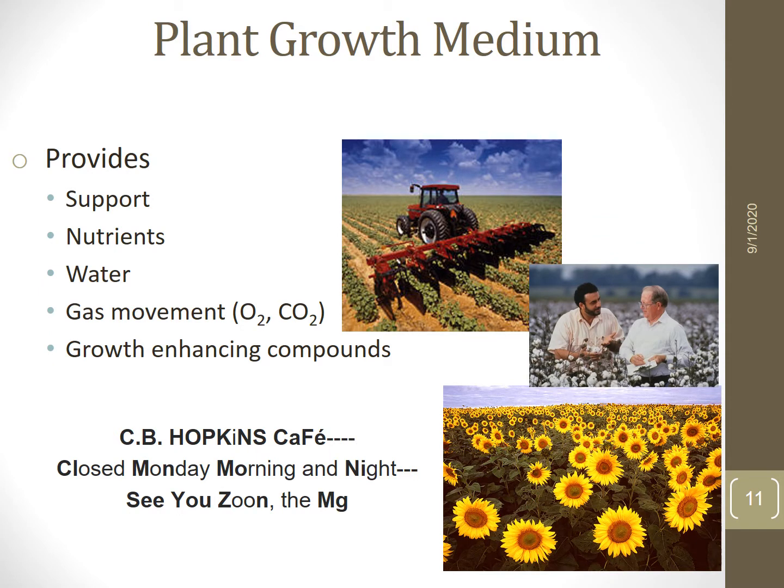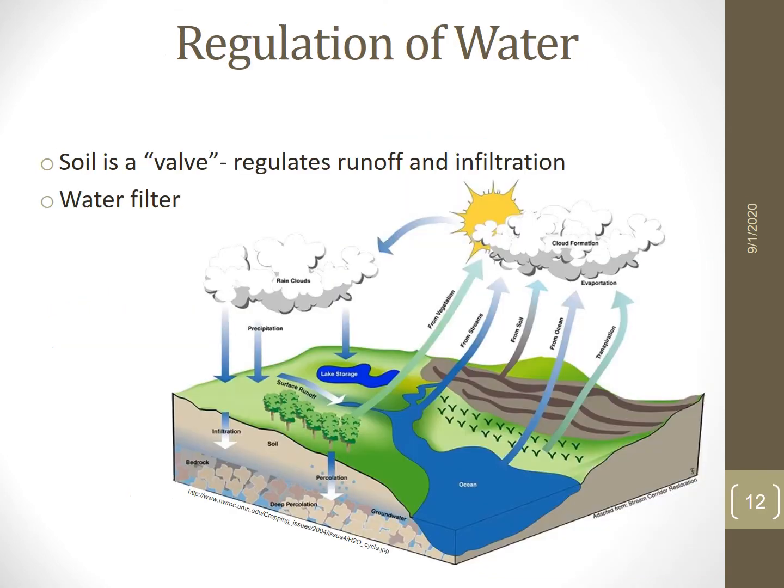As a plant growth medium, soil provides support, nutrients, water, gas movement, and growth-enhancing compounds. There are quite a number of required nutrients for things to grow healthy and strong in soil, and we're going to talk later on in this course about how they all play a role.